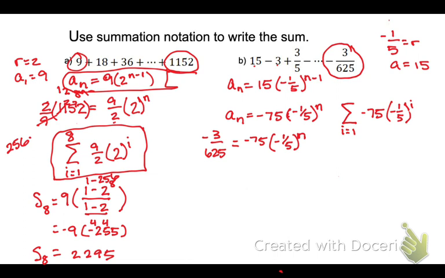Multiply over the negative 75, so that'll be 1 over negative 75, negative 1/75. Okay, well, 3 goes into 75, doesn't it? Yep. So negative negative is a positive. 3 goes into 75 how many times? 25.